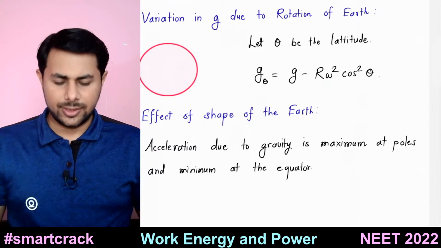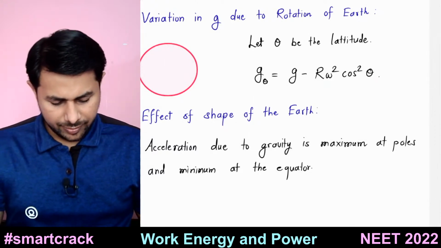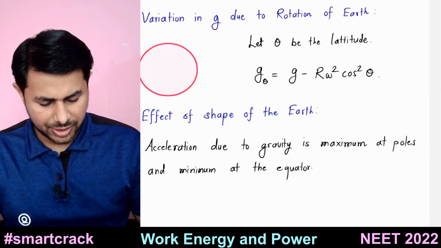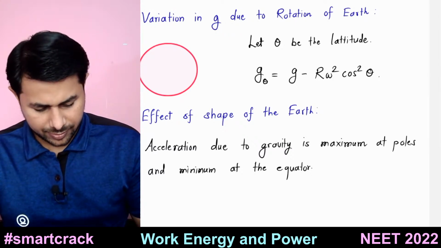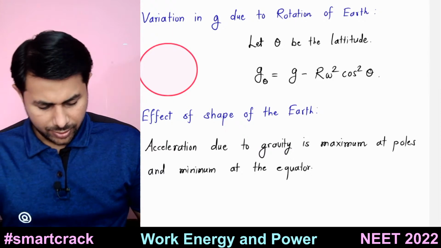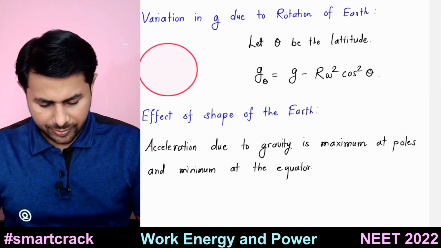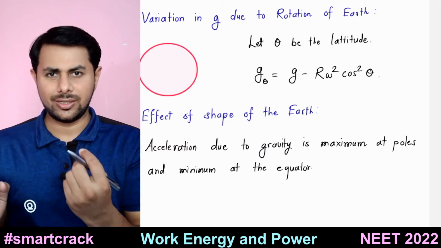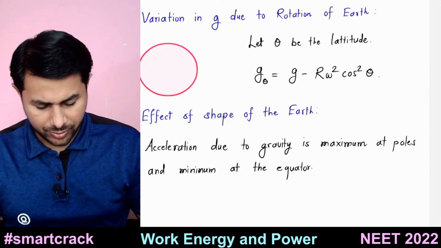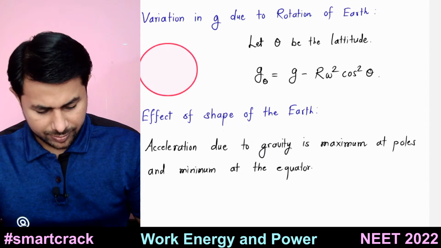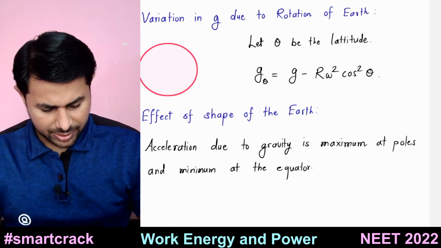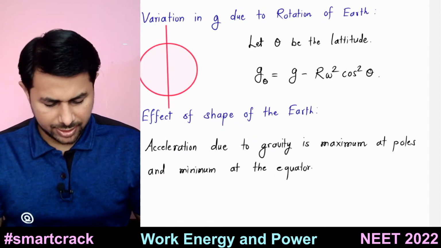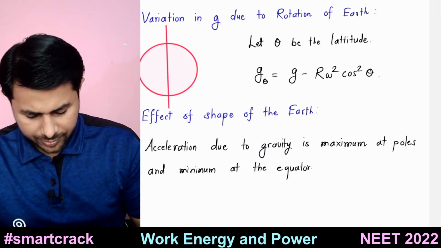All right, then let's see this thing: the variation in g due to rotation of the Earth. As Earth rotates, every object on Earth performs circular motion, right? We know Earth rotates about this axis, which passes through its north and south poles.